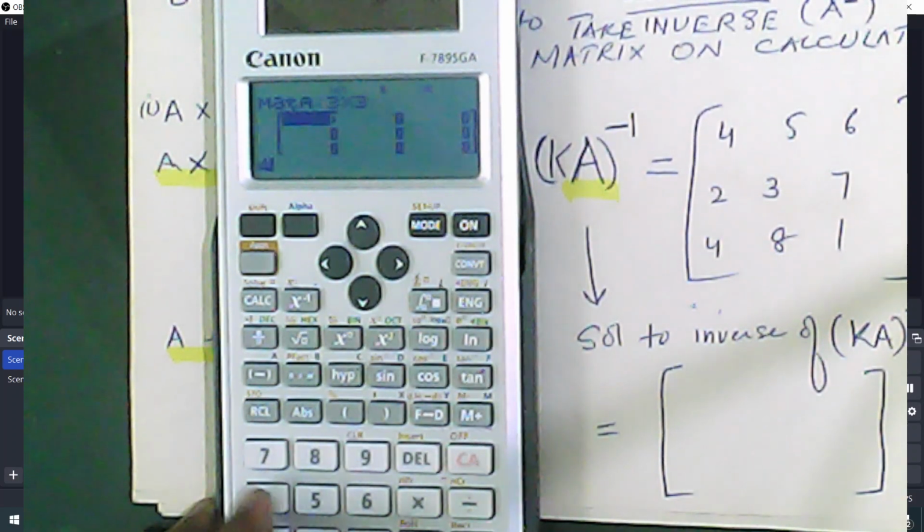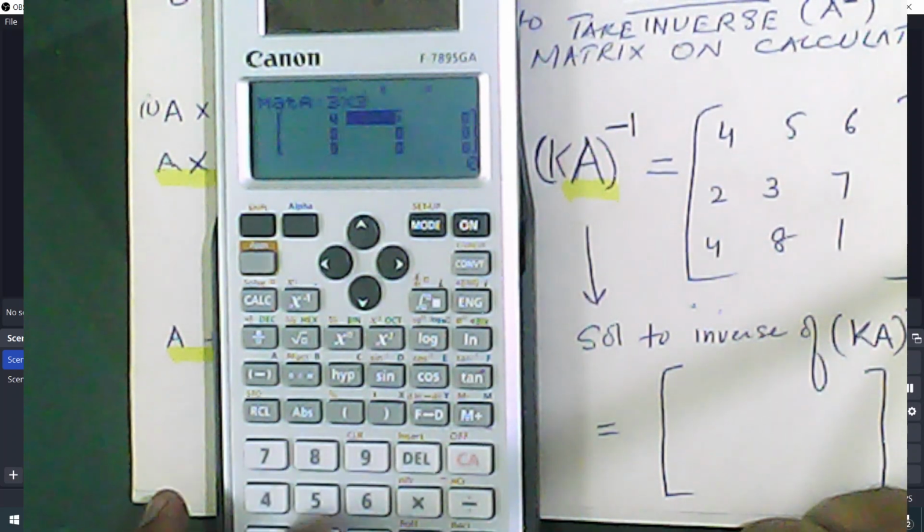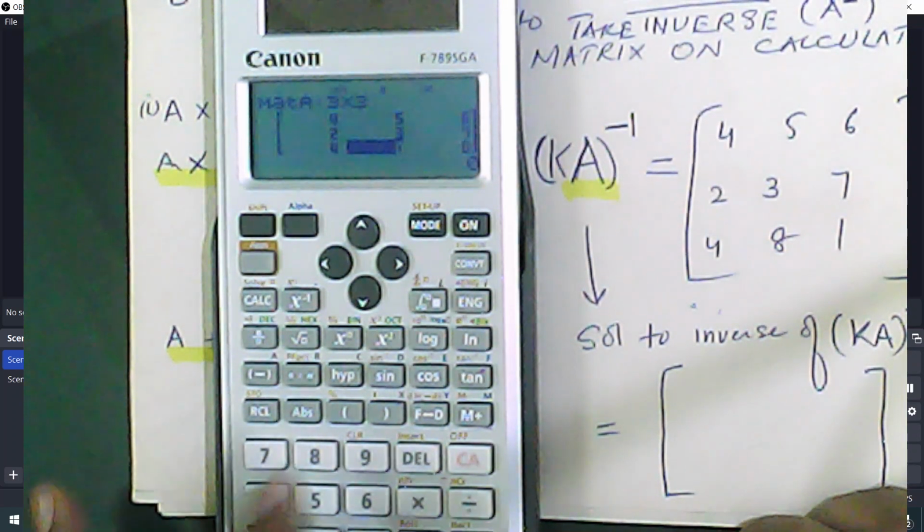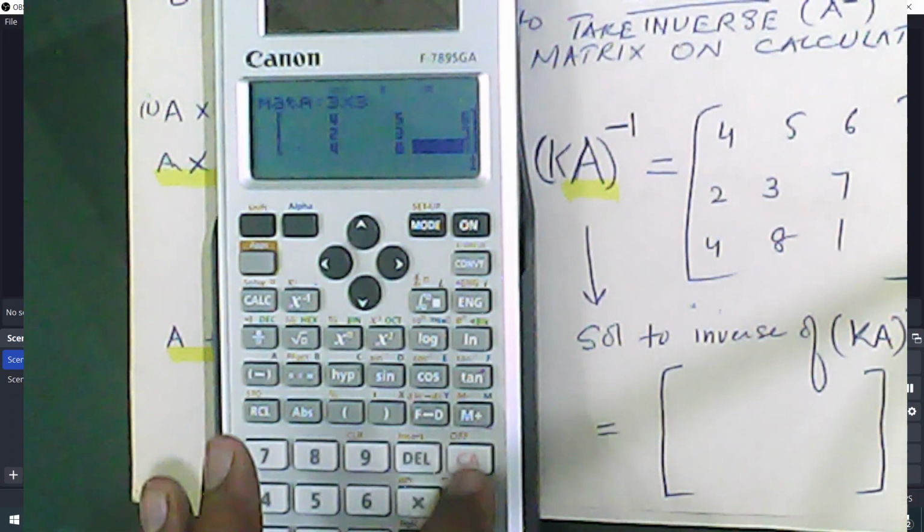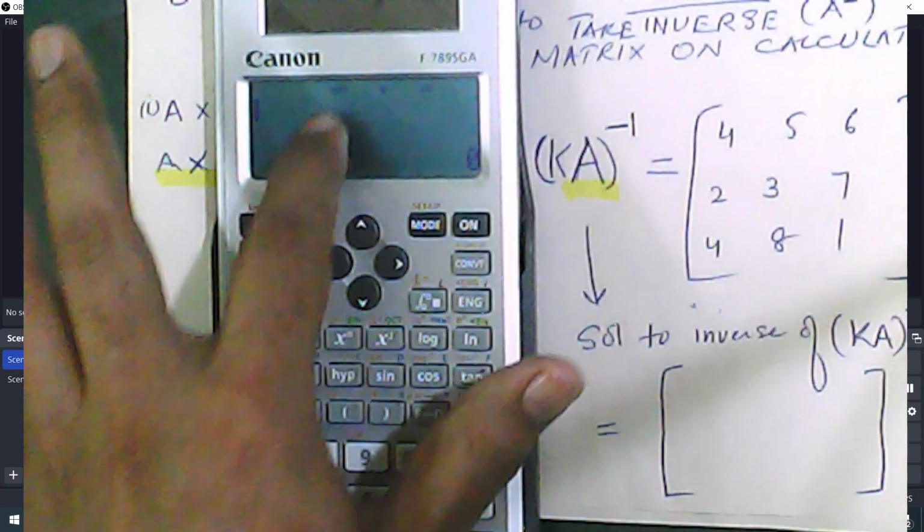It is 4, and then 5, 6, 2, 3, 7, 4, 8, 1. So this data has been entered. I can clear it out, but it still resides in memory.